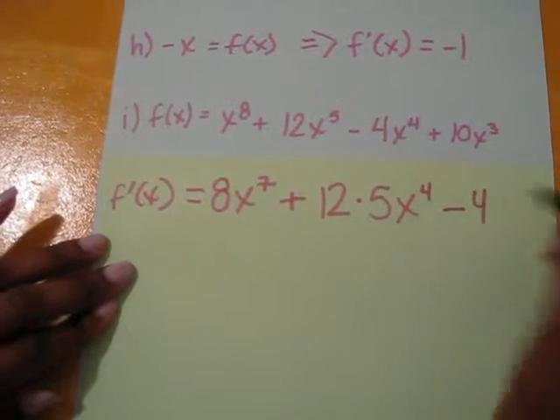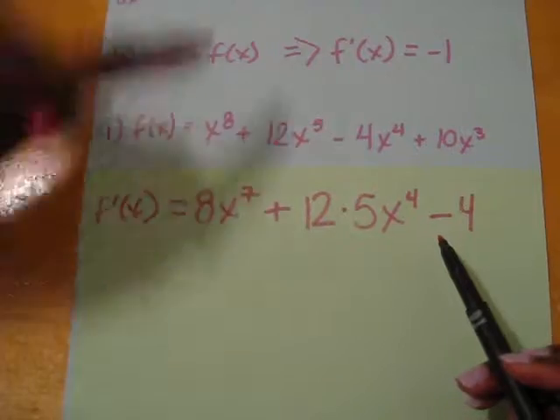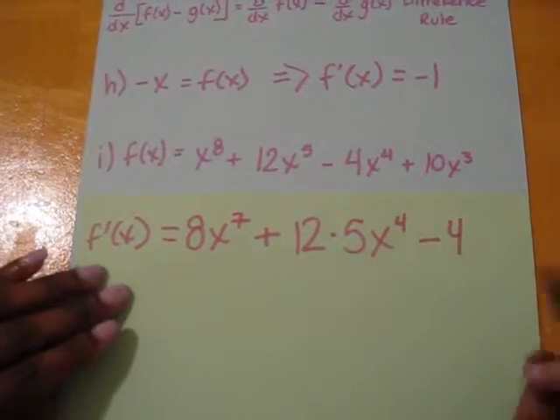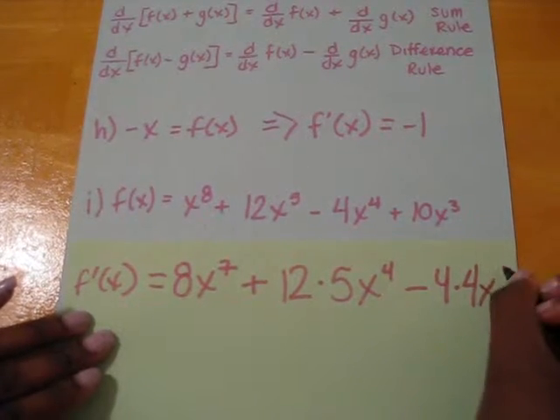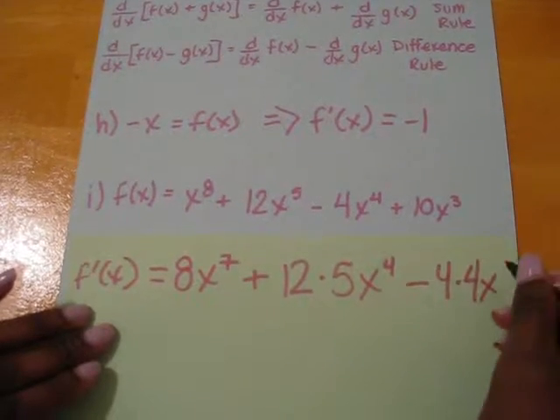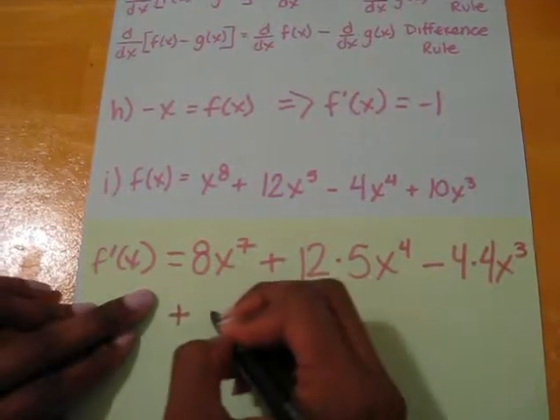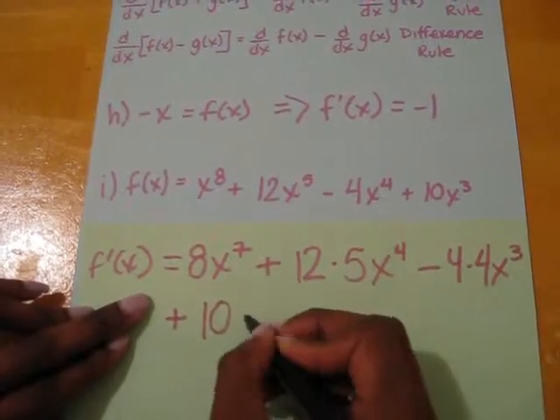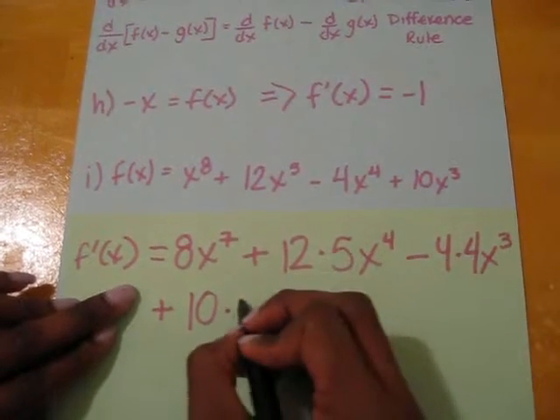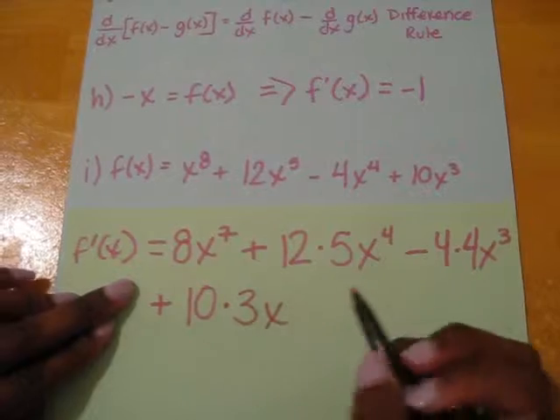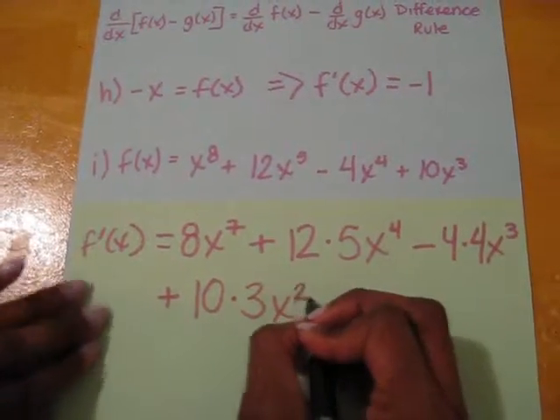Minus, leave the constant, now we're using power rule again, and also the difference rule, because now we're subtracting. Times 4, bring down the power, leave the variable, and then exponent minus 1, so 3. Plus, so we have sum rule, leave the constant, times, and then you bring down the exponent, 3, x, leave the variable, and then exponent minus 1, so 2.